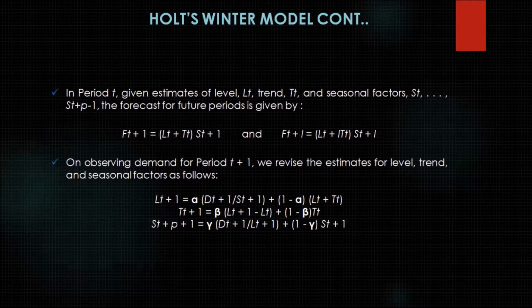In period T, given estimates of level Lt, trend Tt, and seasonal factors, these are the equations as you can see below. On observing demand for period T plus 1, we revise the estimates for level, trend, and seasonal factors by the equations below.